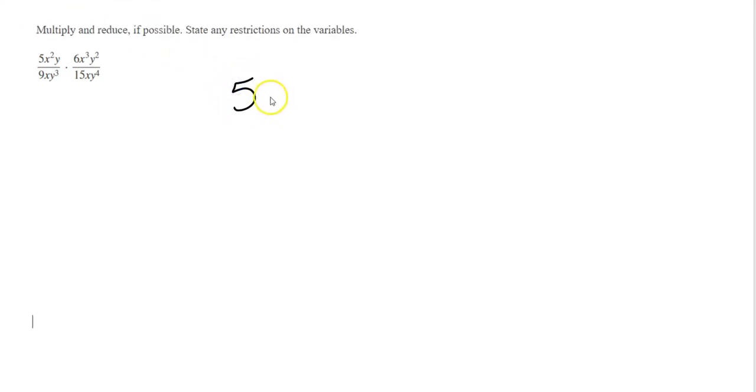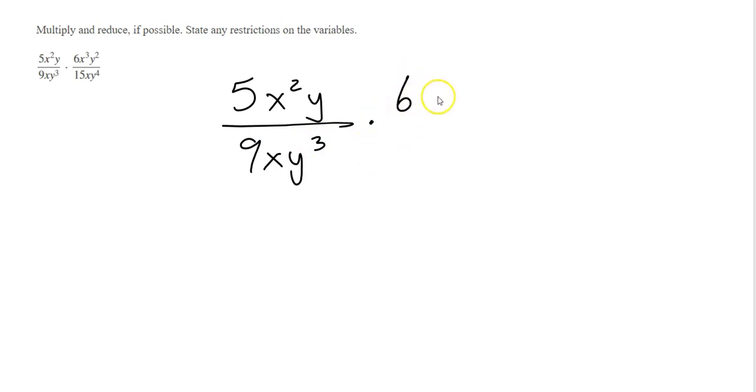You're going to have 5x squared y all over 9xy to the third, multiplied by 6x to the third y squared all over 15xy to the fourth.